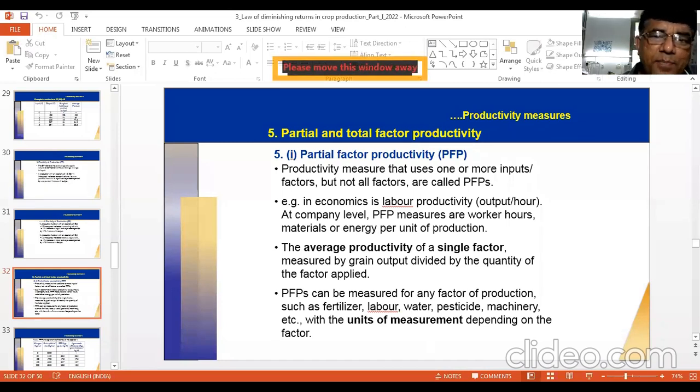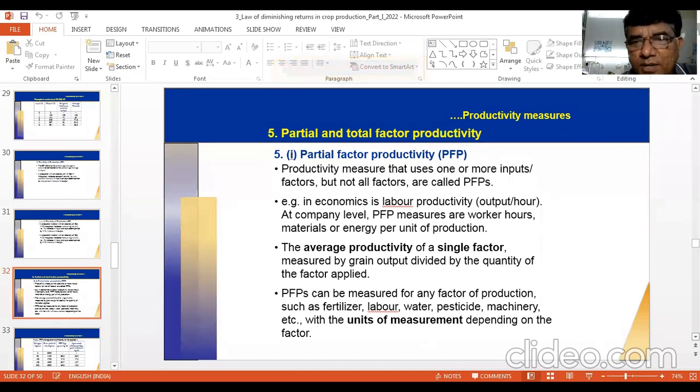You can even calculate partial factor productivity of NPK together by combining them. So that is fertilizer. But you cannot calculate the productivity of fertilizer and herbicide together because they have different units. Therefore, in such cases, we calculate the productivity of individual input, which is known as partial factor productivity.